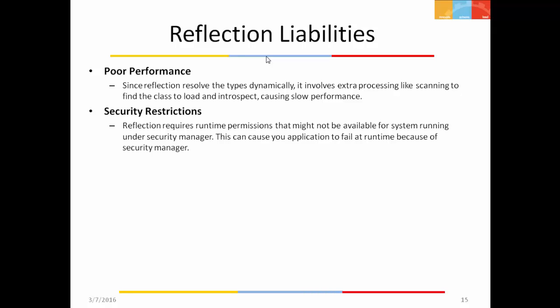The caller can get information about the private members, private methods using the reflection mechanism. But at runtime, there might be a security manager which may not allow such information to be available. In that case, your application may fail, because unless you have programmed it with the security manager in mind, unless you have handled that case, your application might crash.